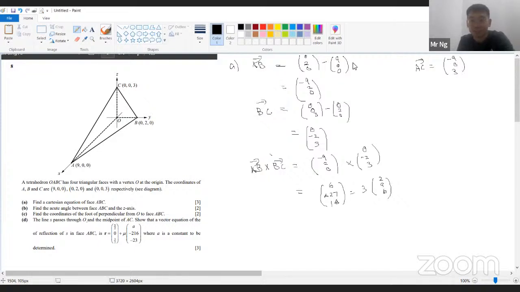Maybe I will take this one, minus 9, 0, 3, and cross with minus 9, 0, so equal to 6, minus 6, and 27.